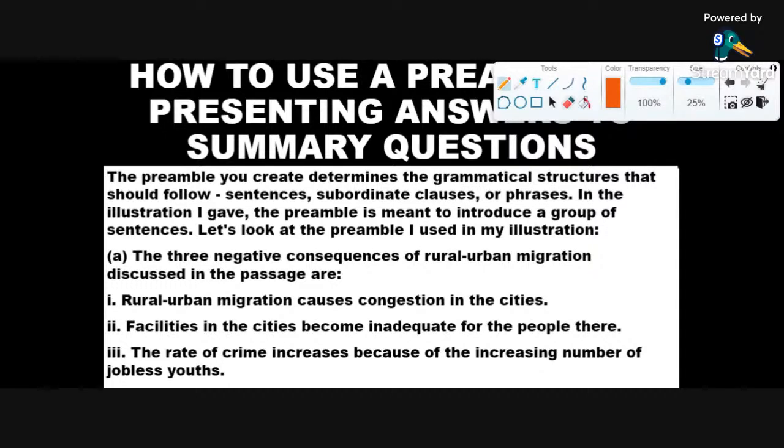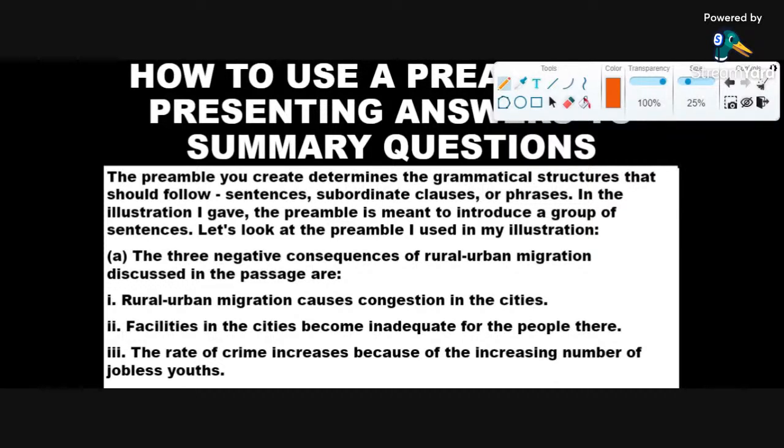The 3 negative consequences of rural-urban migration discussed in the passage are, and then you present the 3 sentences, which is exactly what WAEC wants you to do, to present your answers in sentences, not in phrases, not in subordinate clauses, not in single words. So this is exactly the way it is.